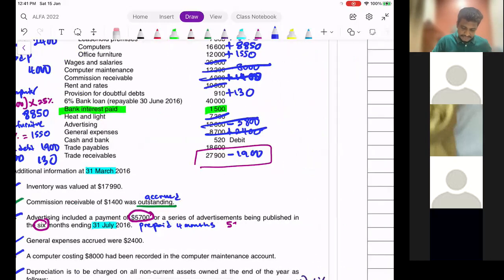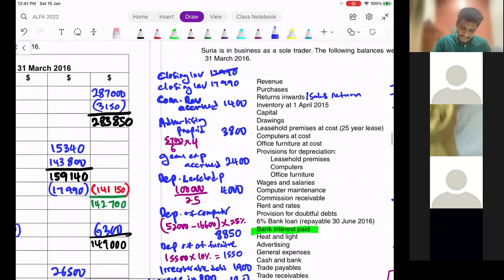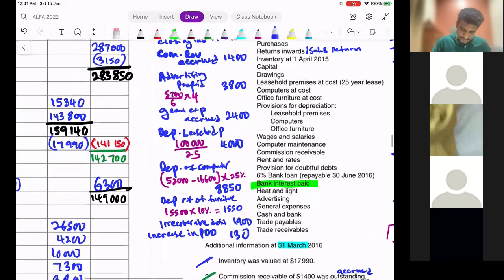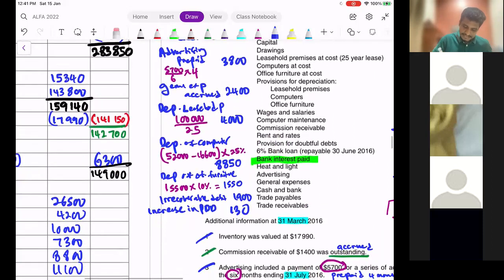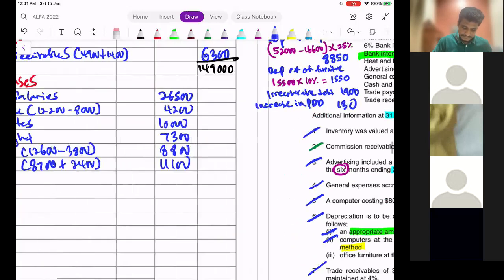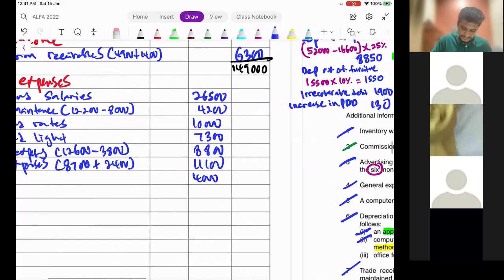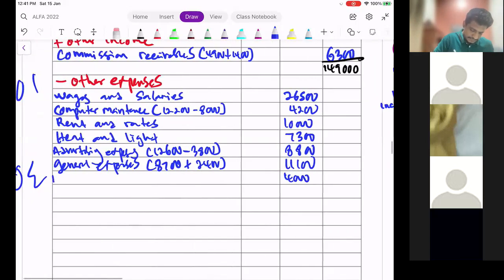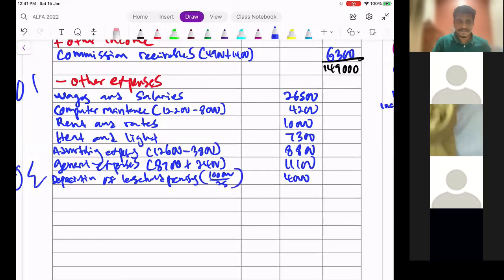After that, I think that's it for this side. And here, any expenses? Yes, depreciation, 4,000. Depreciation of leasehold premises, 100,000 divided by 25 years.